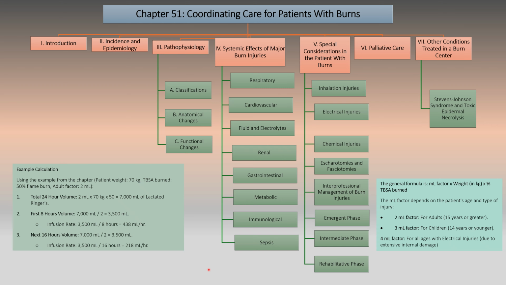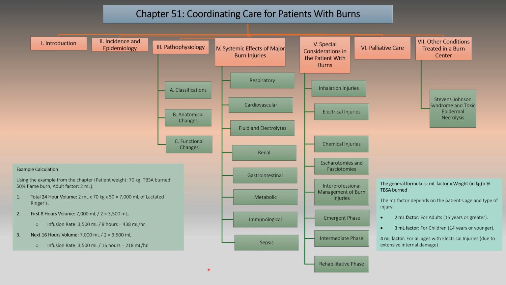So we know in the emergent phase and resuscitation, the fluid of choice is LR, right? The urine output is 0.5 mL per kilogram per hour. So I think that's it for this.